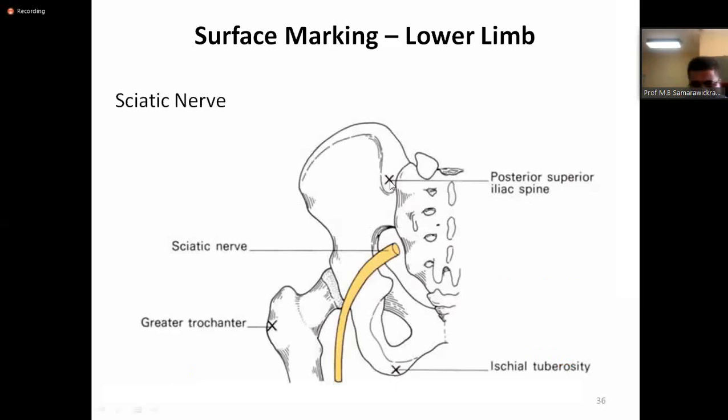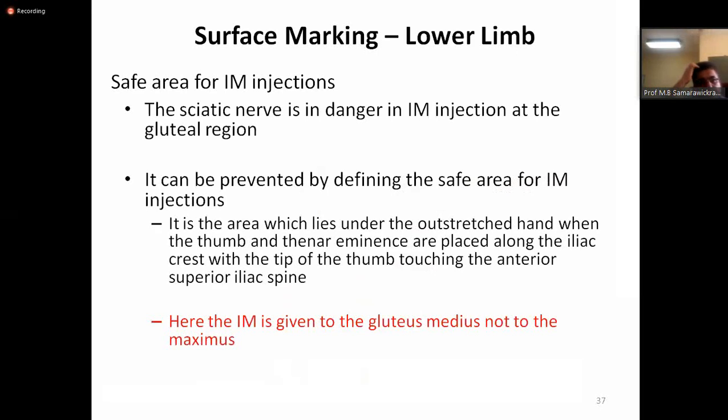So it enters into the gluteal region from the pelvis midway between the posterior superior iliac spine and the ischial tuberosity, and it exits the gluteal region midway between the greater trochanter and the ischial tuberosity. So it has a somewhat curved course between these 2 points, right? So that's how you surface mark your sciatic nerve.